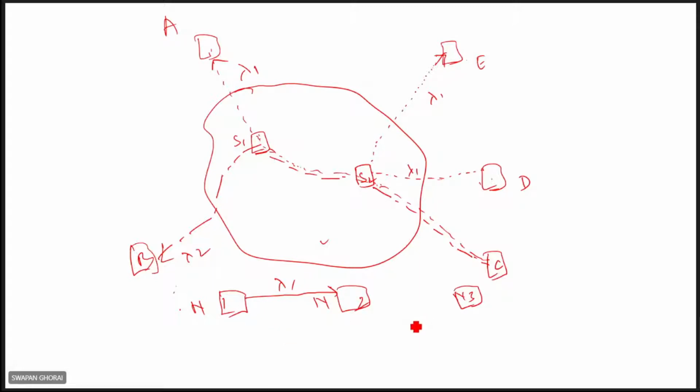And node 2 to node 3 is connected by lambda 2. So if node 1 wants to send information to node 3, then blocking will result because the light path is available from node 1 to node 2 on lambda 1 and node 2 to node 3 on lambda 2. But you see the same wavelength is not there. To transmit the information, you need the same wavelength.